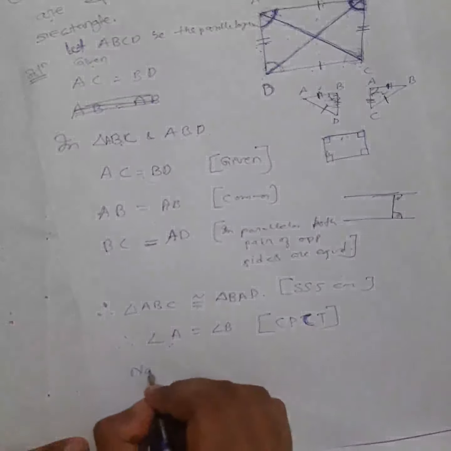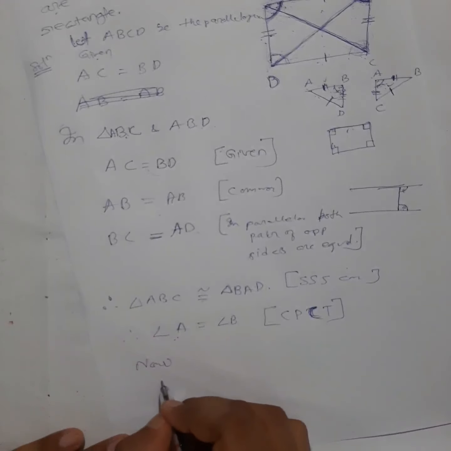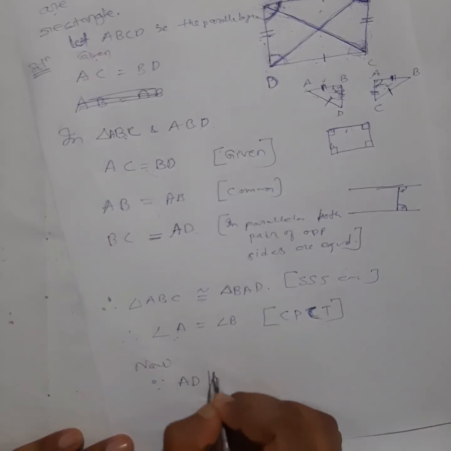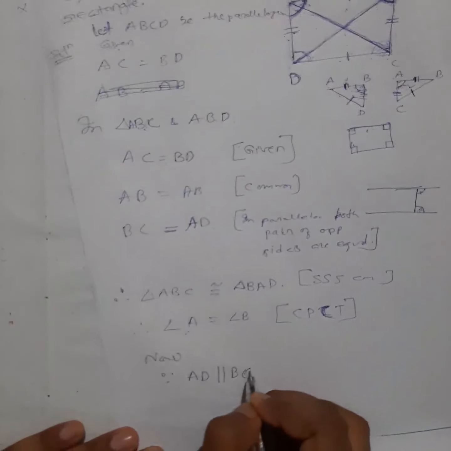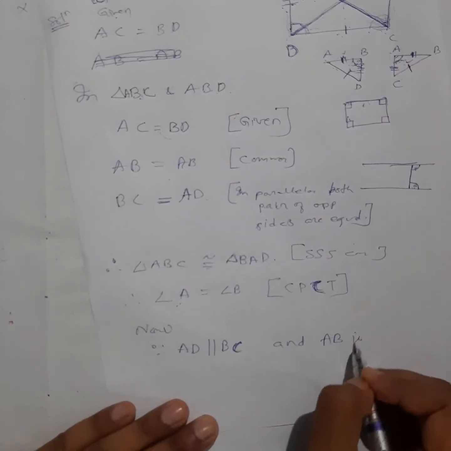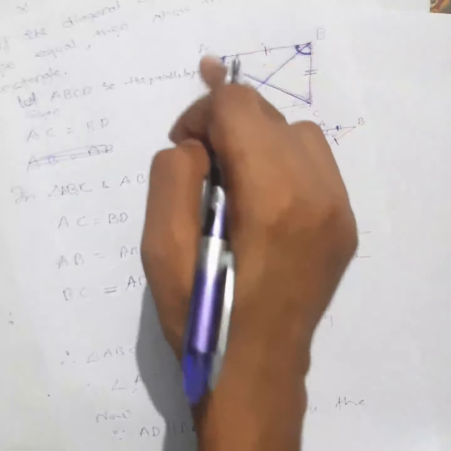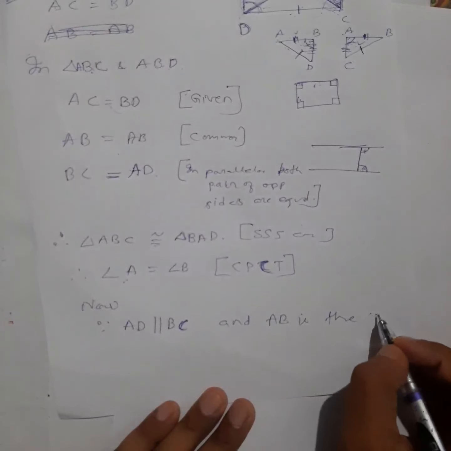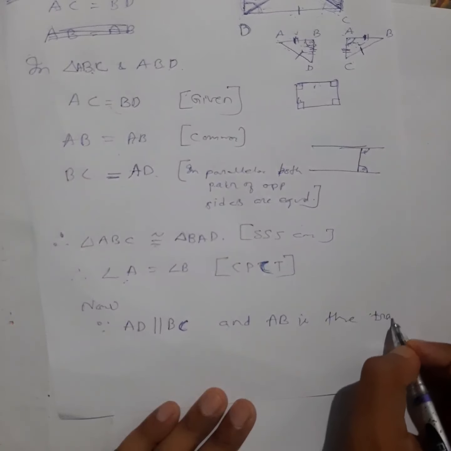Okay, so since they are equal, now since AD is parallel to BC and AB is the transversal, the first condition which I have said, this and this parallel, this is the transversal, so this plus this is 180 degrees, from there only I will get, right, 90 degrees. AB is the transversal.